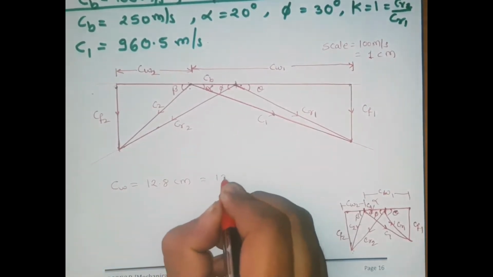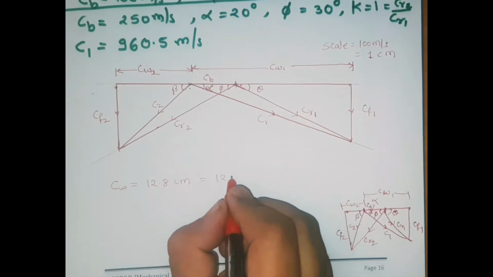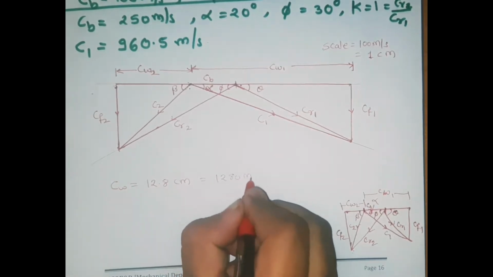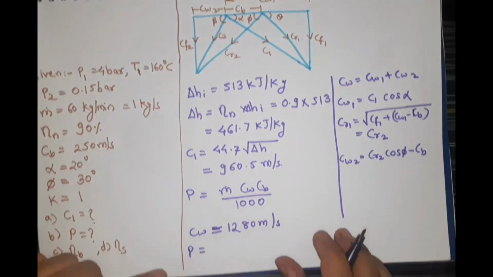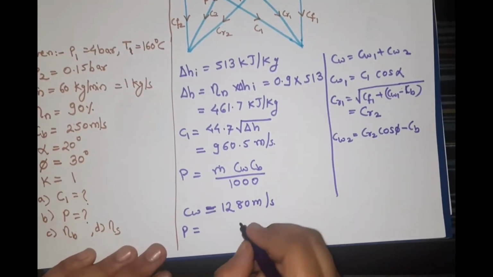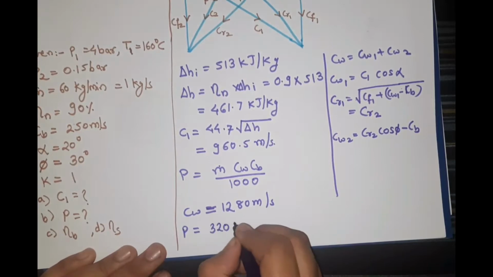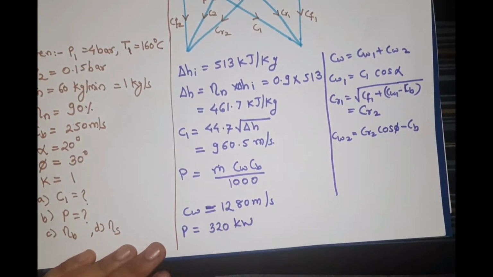That means 1280 meter per second. So let's put all the values in this equation and we will get the power as 320 kilowatt.